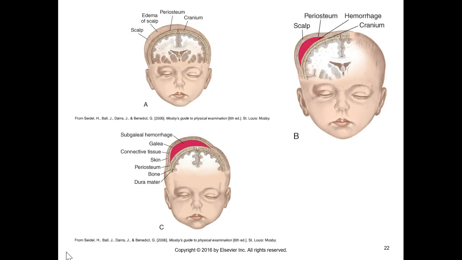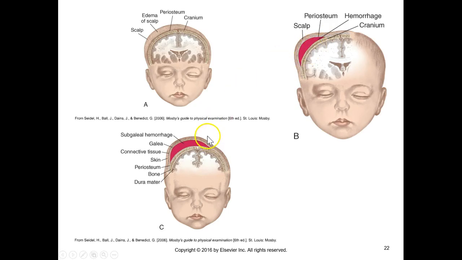It's normal for those babies to have hyperbilirubinemia. You can see the difference here in A, that the caput extends across sutures. It's more edematous and fluid. And over here, the cephalohematoma is a collection of blood, and it does not cross the suture line.